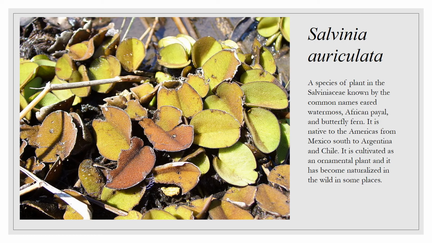Next genus, Salvinia. An example species is Salvinia auriculata, a species of plant in the Salviniaceae known by the common names eared watermoss, African payal, and butterfly fern. It is native to the Americas from Mexico south to Argentina and Chile. It is cultivated as an ornamental plant and it has become naturalized in the wild in some places.